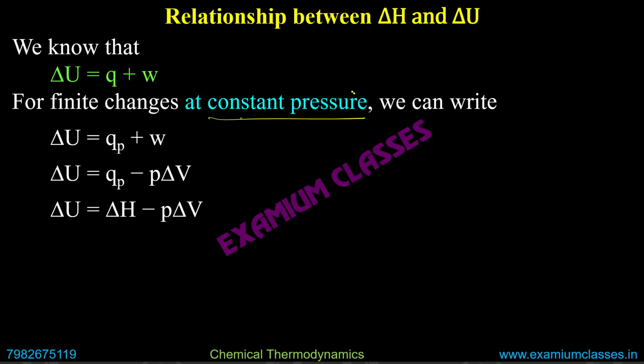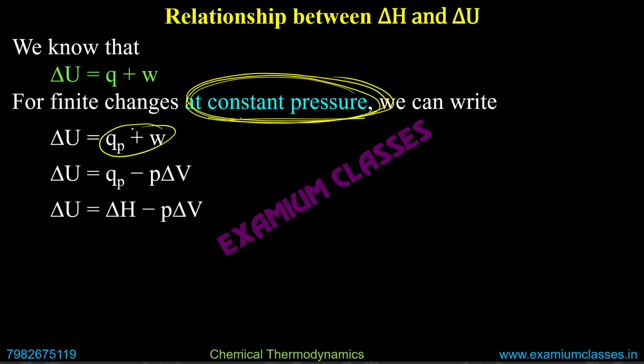So if we are doing any experiment, any reaction at constant pressure, it will ensure that the heat transferred is QP. It cannot be QV. But at the same time, delta U appears because some work is also being done. So the sum of these two will give you the change in internal energy. QP we can write as delta H. So it means delta U is equal to delta H minus P delta V.